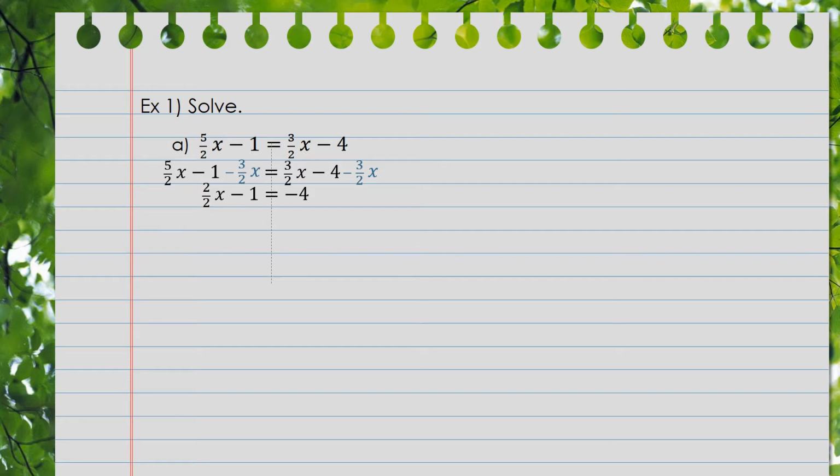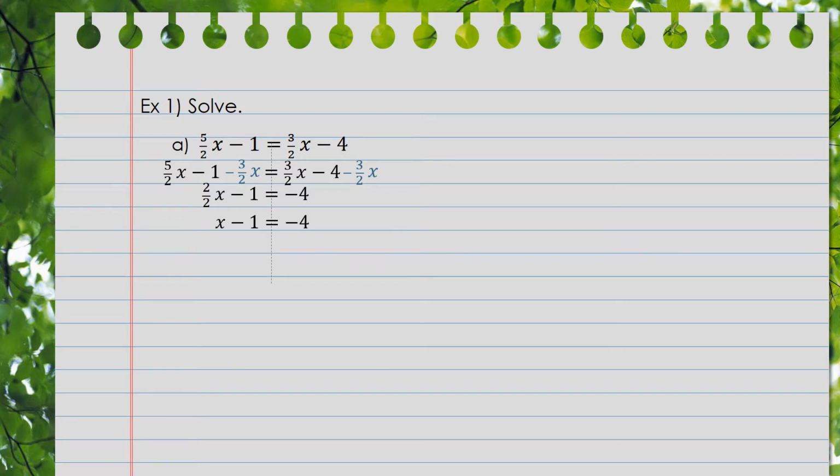Now notice we do have our x's together on the left side, but what do you notice about that fraction? 2 over 2, can that reduce? Yes, that's the same thing as 1x or x. Now since we have gotten our x's together on the same side, now we want to completely isolate and get x by itself.